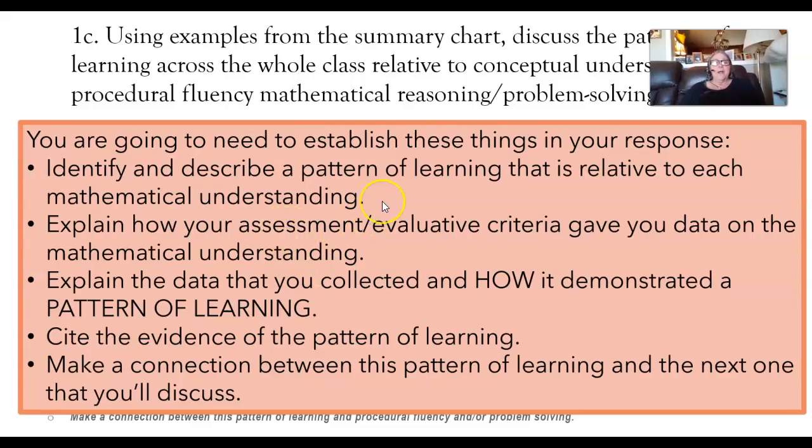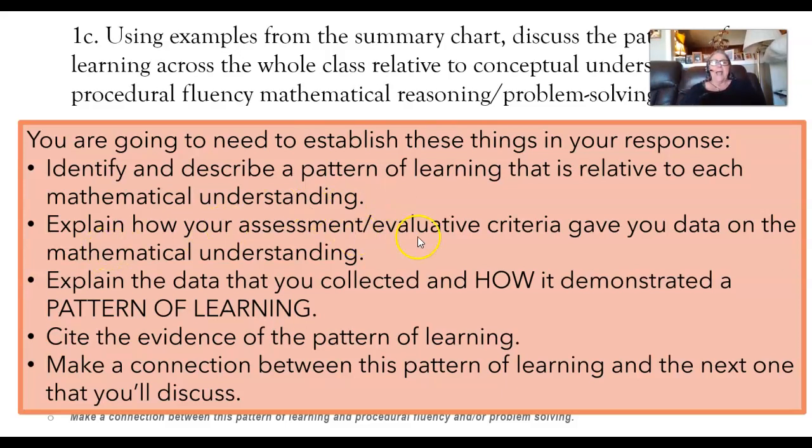All right, so in writing your response, you're going to need to establish these things in your response. You want to make sure that you have identified and described a pattern of learning that's relative to each of the mathematical understandings. Now, I know the rubric says or, that you only have to do 2, but I'd like for you to strive to do all 3 because I really think that's what's going to work best for you.